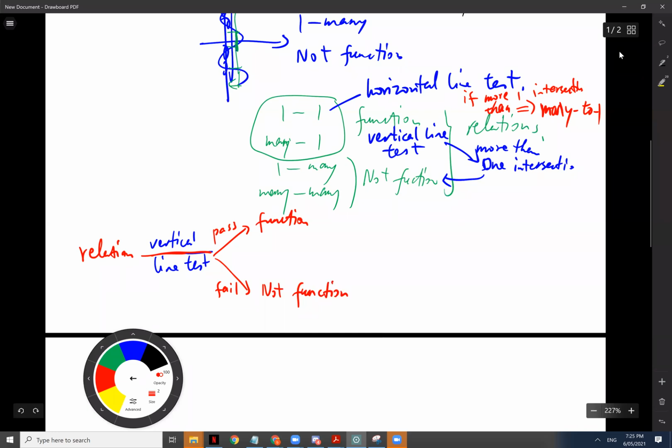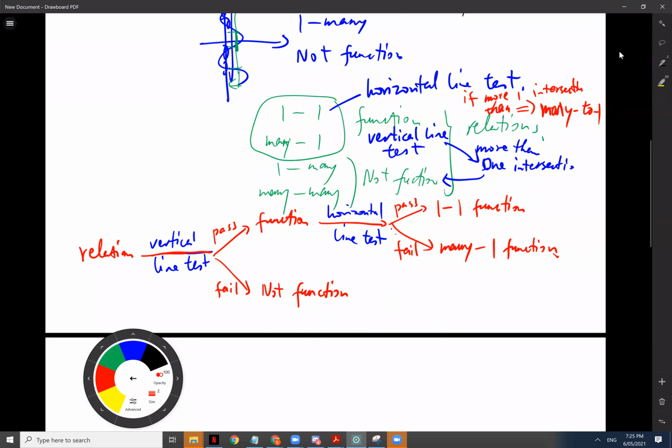And if it's a function already, we have the horizontal line test. Pass means at most one intersection. It's a one-to-one function. Failed, many-to-one function. That's how we check if a relation is a function.